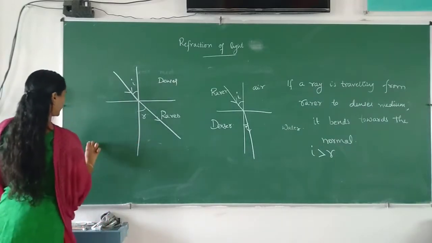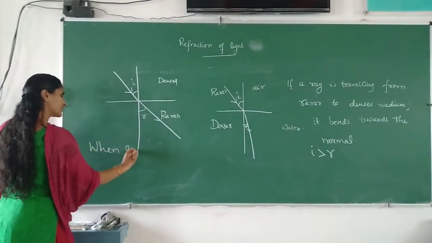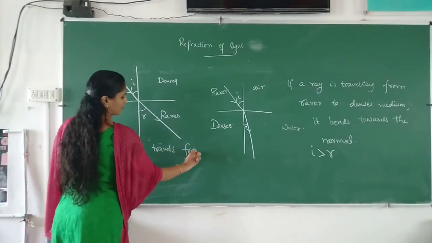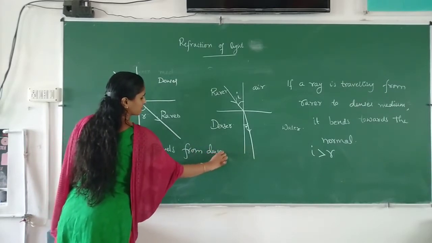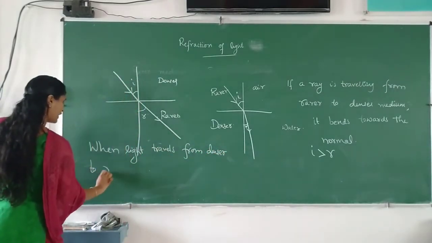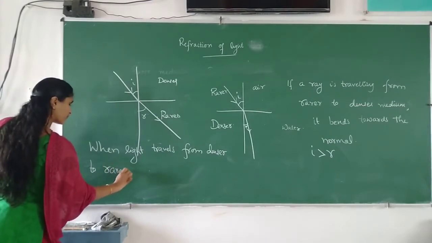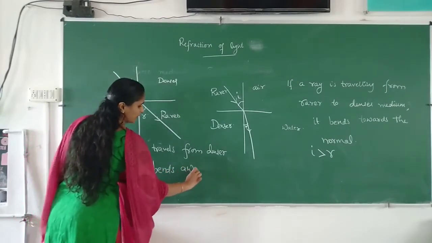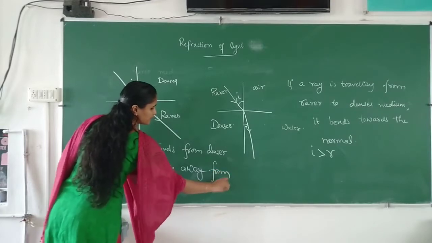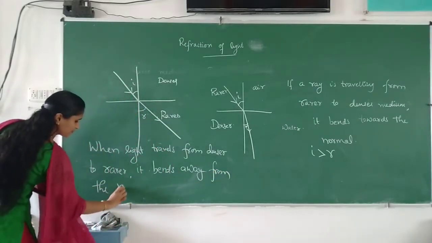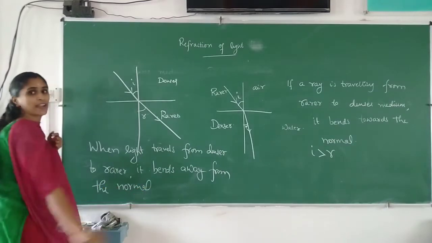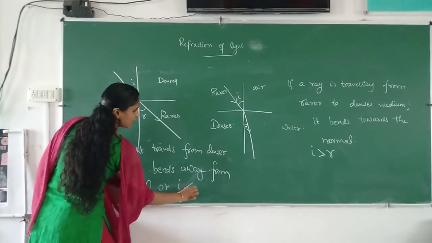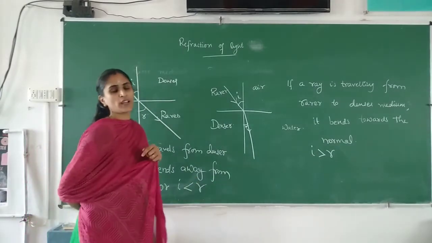So we can write: when light travels from denser to rarer, it bends away from the normal, or the angle of incidence will be less than the angle of refraction. Is it clear?